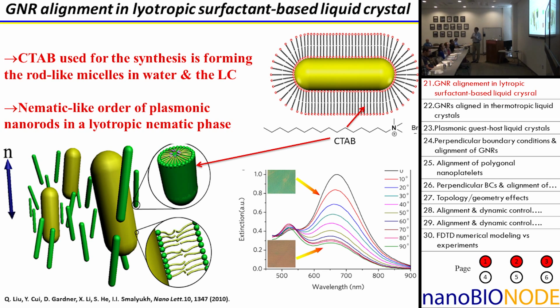As the nanoparticles are synthesized, we typically have them covered by molecules like CTAB. Those are surfactants that have long hydrocarbon tails and also ionic groups, right, that then provide stabilization in dispersing media like water.